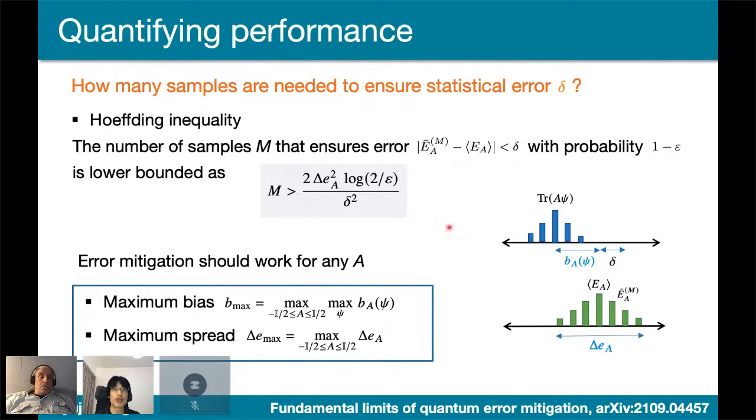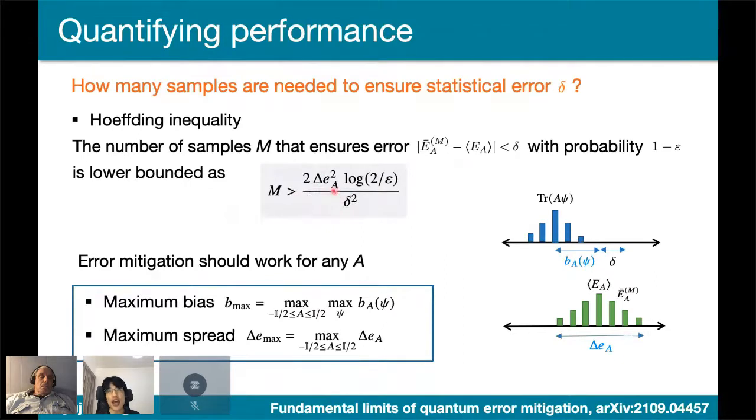So this might look a bit complicated, but the point is that firstly, this delta and epsilon are kind of arbitrary numbers. You can just fix whatever you want depending on your needs. But what's important here is this delta EA parameter that describes the property of your quantum error mitigation strategy. And that serves as a lower bound for this sampling number. That is why we are interested in that.